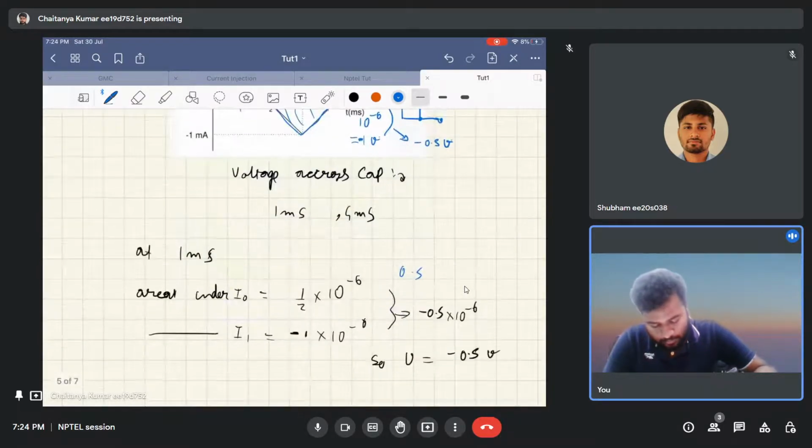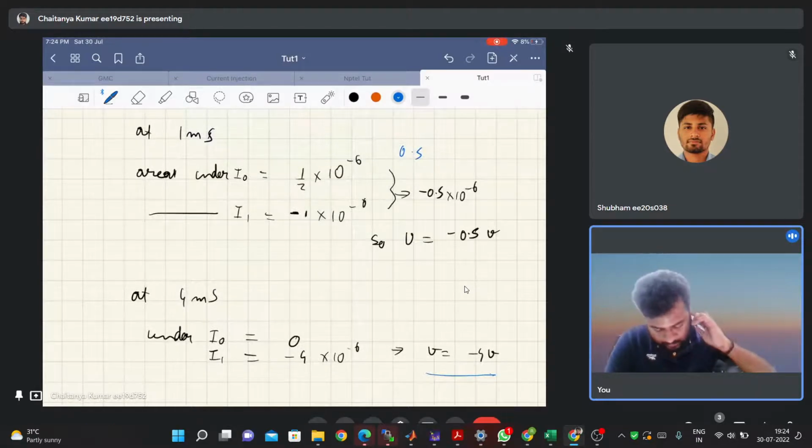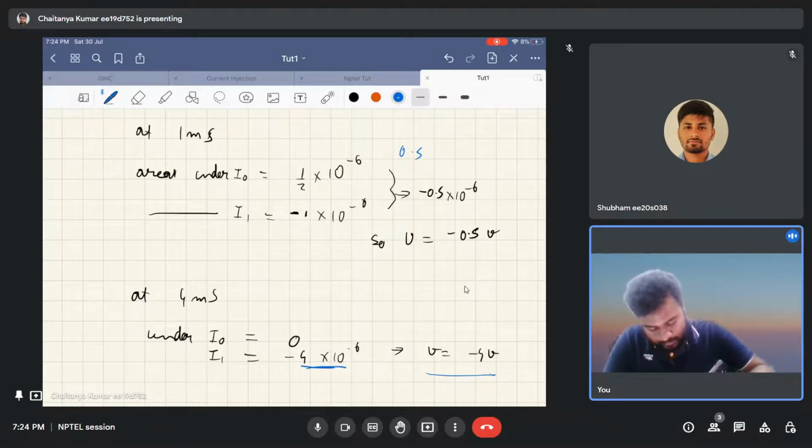If 1 milliampere current flows for 4 milliseconds in this capacitor, the area under this curve will be 4 into 10 to the power minus 6, and that will be divided by the capacitance, that is 10 to the power minus 6, and this will give you a voltage of minus 4 volts.